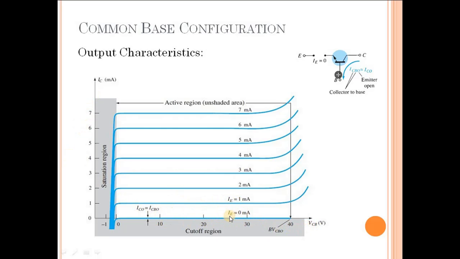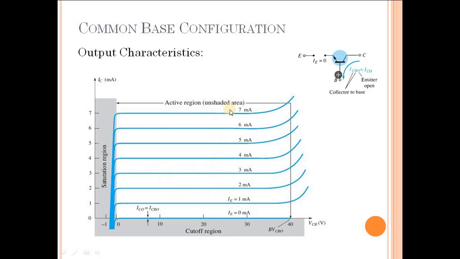For every value of IE, we have a corresponding curve. When IE is equal to 0, we have this blue curve. When IE is equal to 1 milliampere, we have this curve. For IE equal to 2 milliampere, we have this curve. For IE equal to 3 milliampere, we have this curve, and likewise.